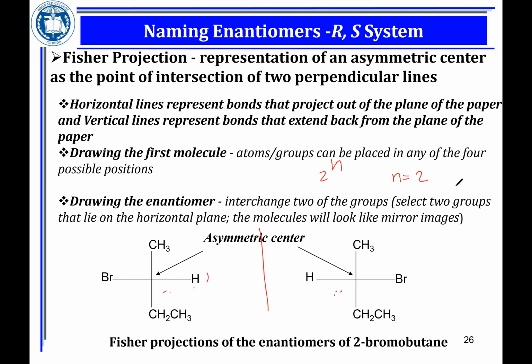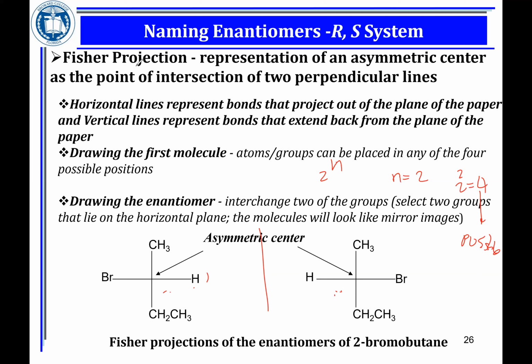There are 2 to the power of 2, and that is 4 possible structures. It doesn't mean it's going to be 4 different compounds, but there are 4 possible structures that could be mirror images or not mirror images, but they still are stereoisomers of each other.